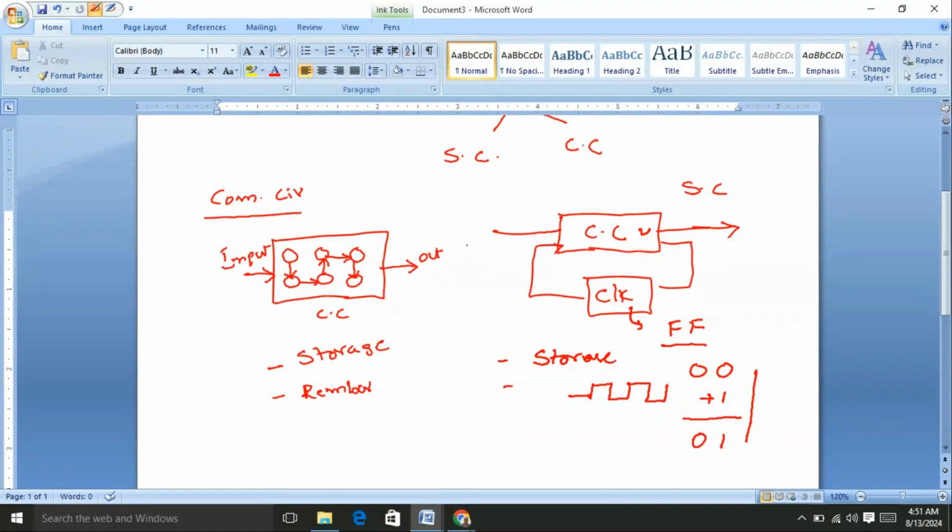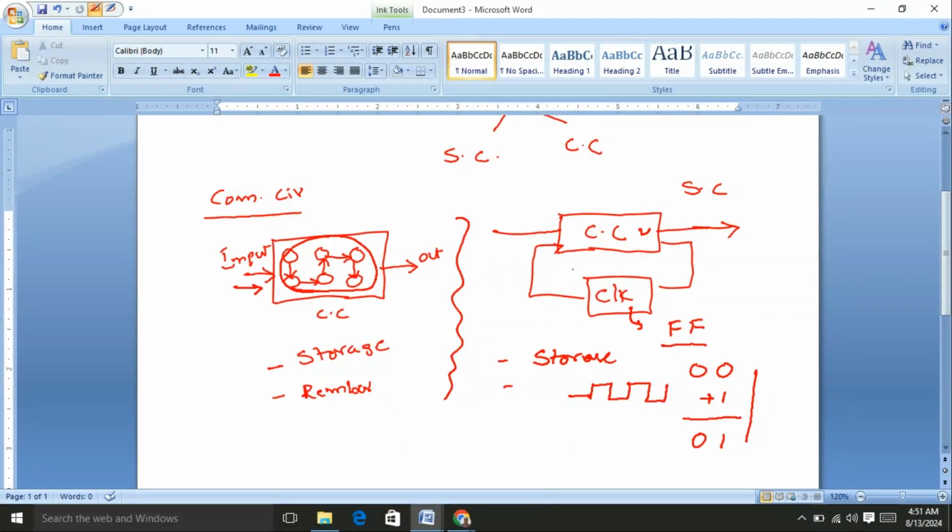The design of the combinational circuit is very easy, but the design of the sequential circuit is a little bit difficult. Because in a combinational circuit, the input is given and directly processed to generate the output, combinational circuits work faster than sequential circuits.